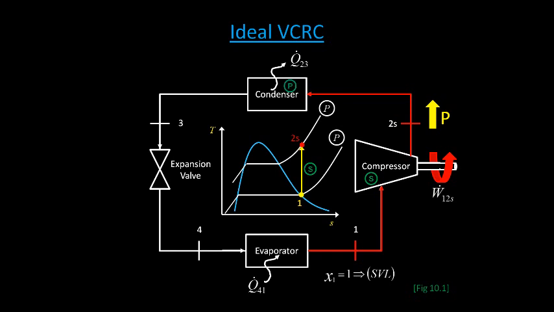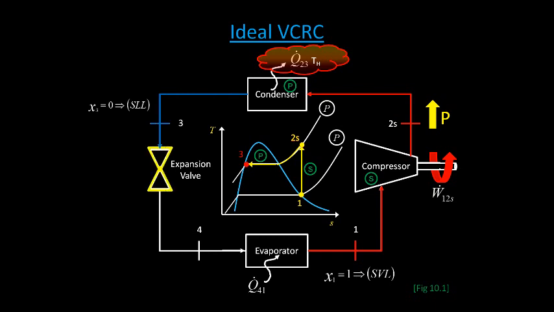Then the vapor passes through the condenser, where heat is removed from the cycle, changing the refrigerant into a condensed liquid at state 3, where the quality is 0 on the saturated liquid line. We'll show our line at state 3 in blue for saturated liquid. Once the refrigerant passes through the expansion valve, a sudden drop in pressure moves the refrigerant inside the saturated mixture region to state 4, shown here in orange.